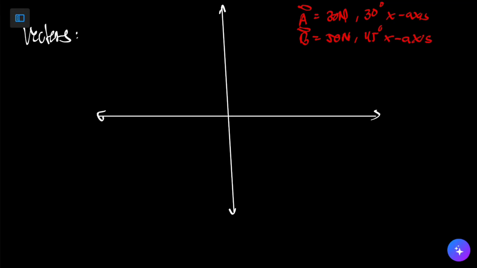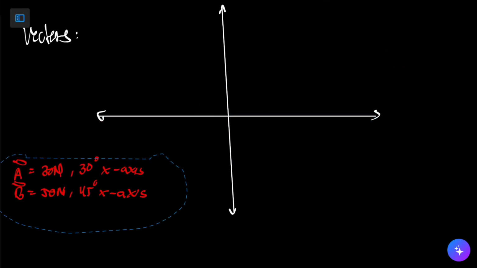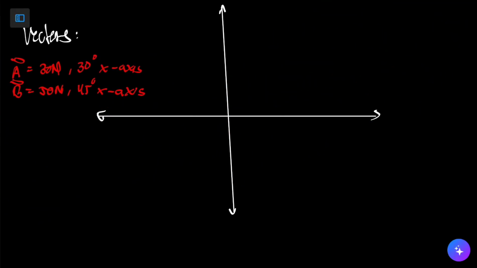So when we're talking about vector addition, it is usually just, as the word implies, addition. It is usually just the combination of the two vectors.